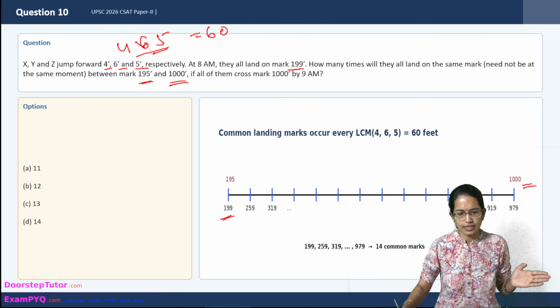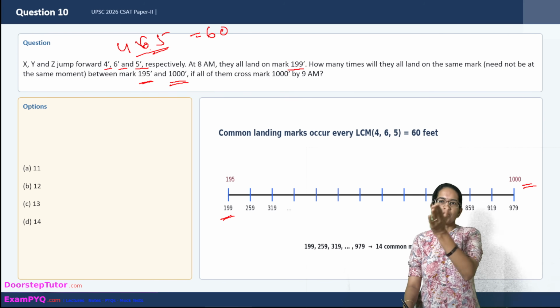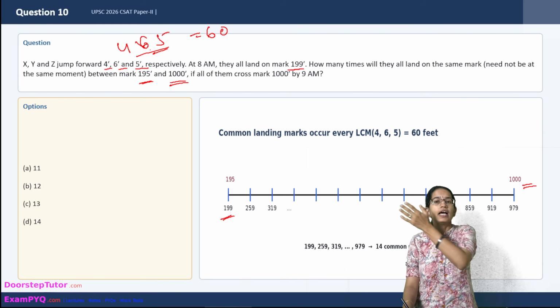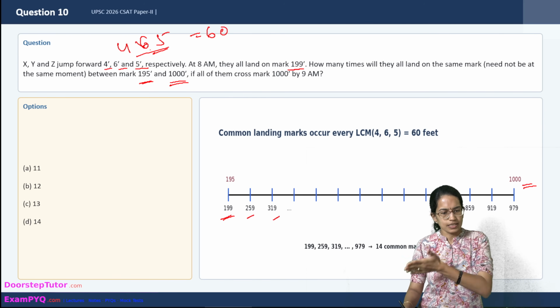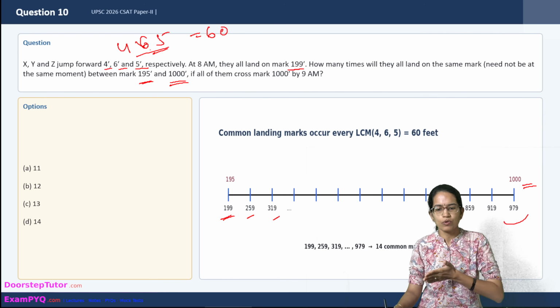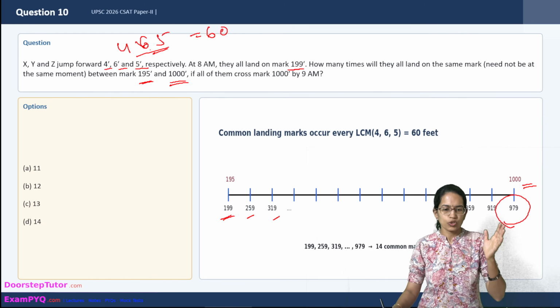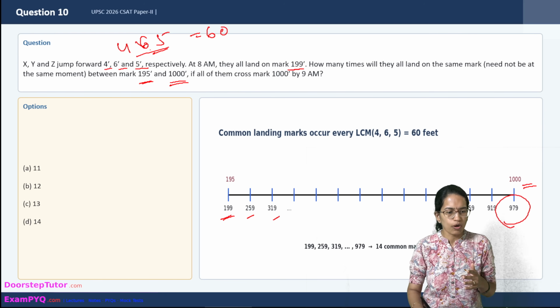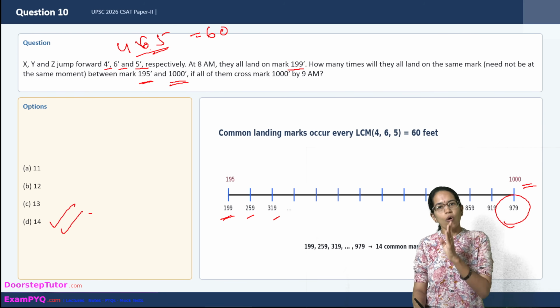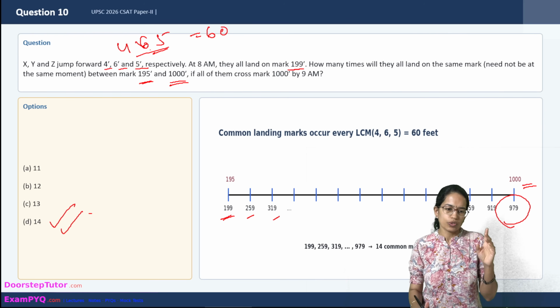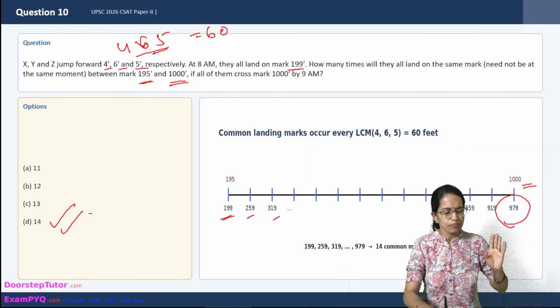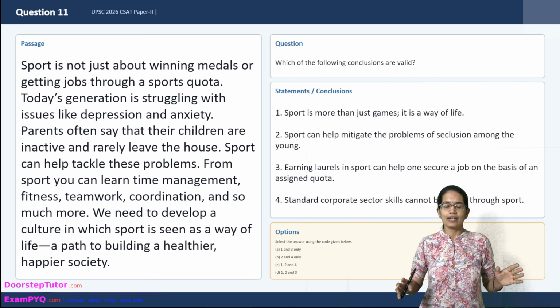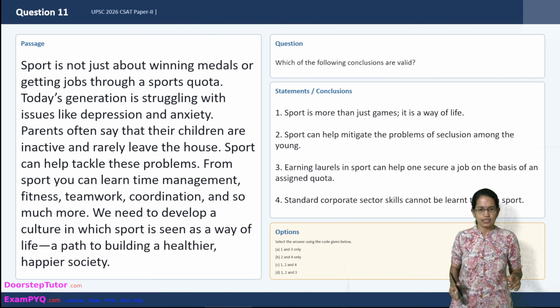So moving till 1000, from 199, I'll keep on adding 60, 60, 60, 60 and see how many combinations there are. So 199, 259, 319 and so on. I move till 979. So there are 14 different common marks on which they would all be on the same spot. So that is again a simple question, every time a similar question is asked in CSET. So if you are well versed with this, you can easily solve it.